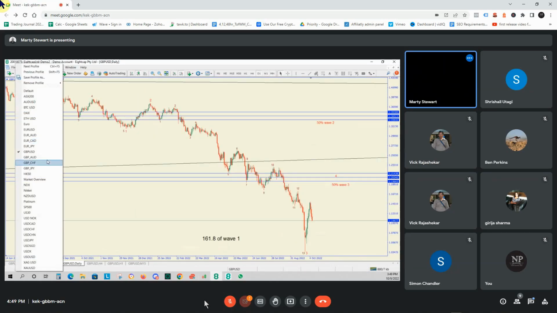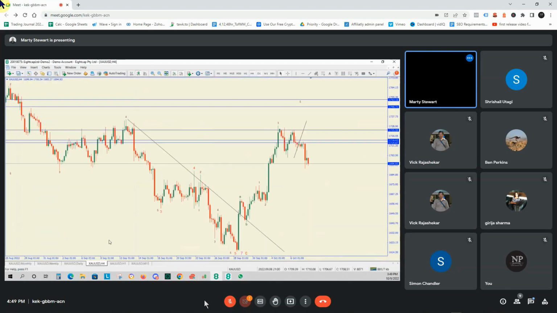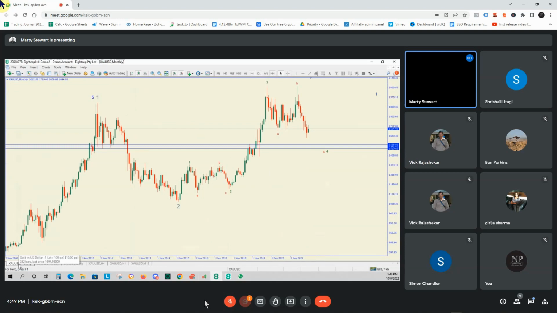What else can we look at? A very good, interesting one to look at is gold. So we have gold on a monthly. This could be a 1 and a 2, a very major 1 and a very major 2, with a smaller 1, 2, 3. This 4 and this C is very possible that this could be complete.